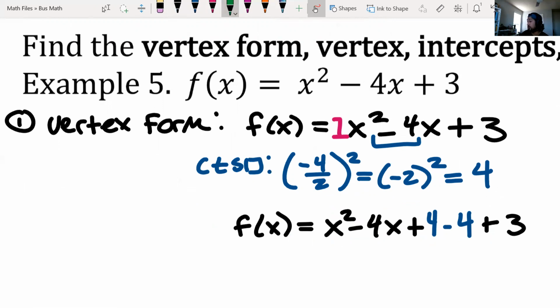And then after you complete the square on it, remember that these three terms become factorable. And these last two you will simplify.